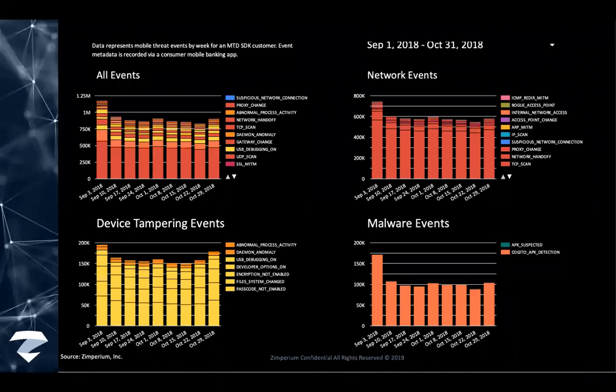Lots of vulnerable devices, they're not being updated, they don't have the latest security patches, they have malware, they got bad applications, they're rooted, they're jailbroken. There's abnormal processes running in here. There's no passcodes, there's no encryption. They have developer and USB debugging on, and that's just the static risk, right?